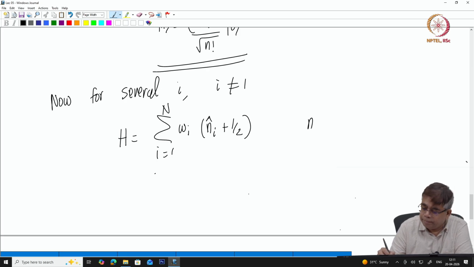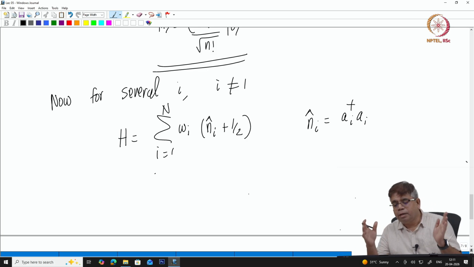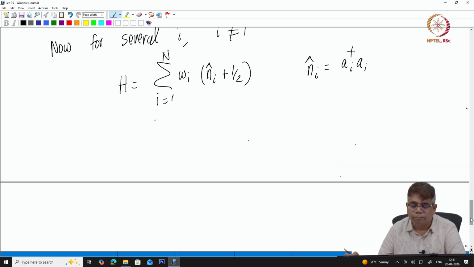Now n_i cap is a_i dagger a_i. So instead of one single harmonic oscillator you have bunches of harmonic oscillators.